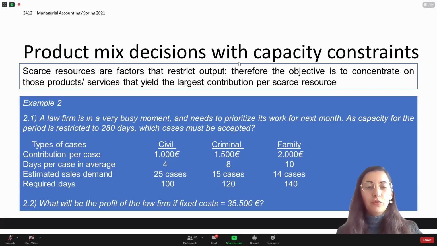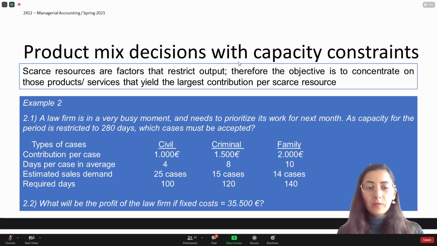This 100 is just 4 days per case times the 25 cases in demand. If we sum the required days, 100 plus 120 plus 140, it is higher than the capacity, because we only have 280 days available. So we do not have capacity to satisfy all the demand, and we have to choose which cases we must accept.